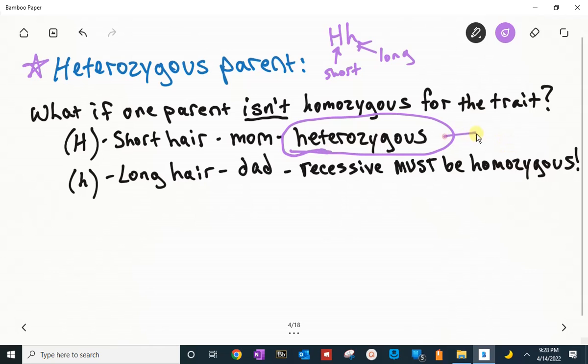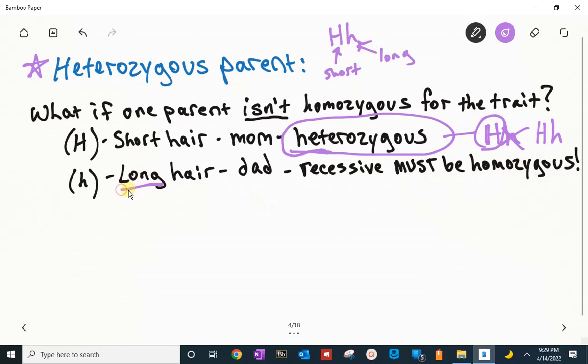Well, heterozygous would mean that the mom has one capital H, one dominant short-haired allele, and one recessive long-haired allele. But of course, the recessive one is going to be silenced by the dominant one, which is why the mom has only short hair. But her genotype is going to be capital H and lowercase h.